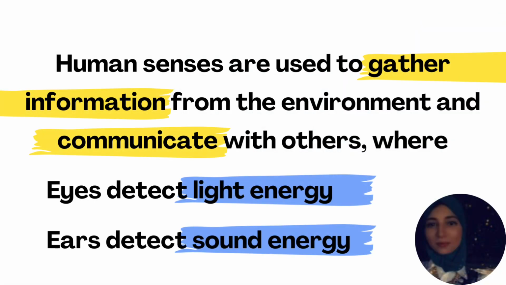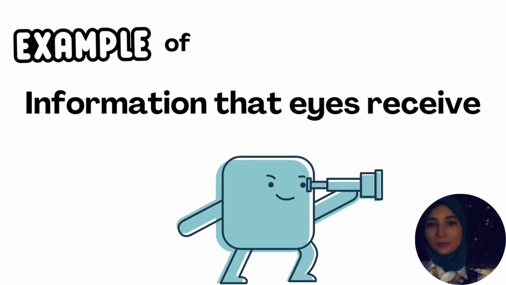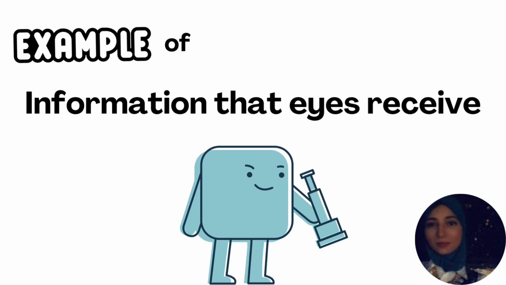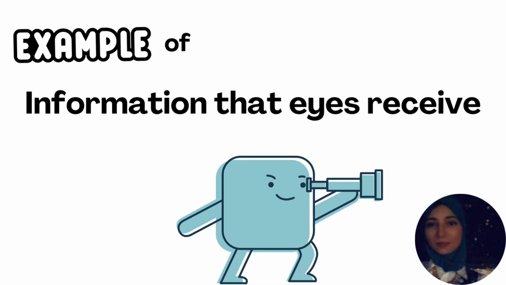So we can say that human senses are used to gather information from the environment and communicate with others, where eyes detect light energy and ears detect sound energy. Okay, and this is hearing. In this concept, we talk about sight, sense, and light energy.